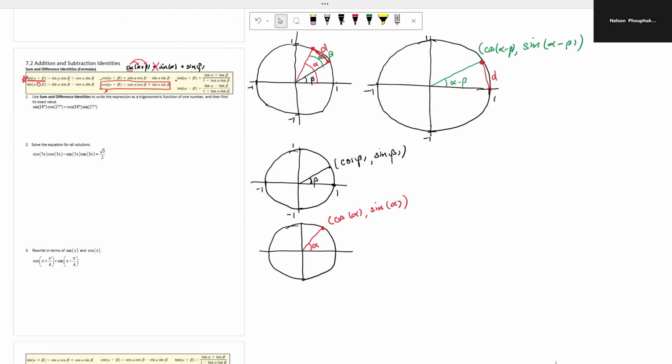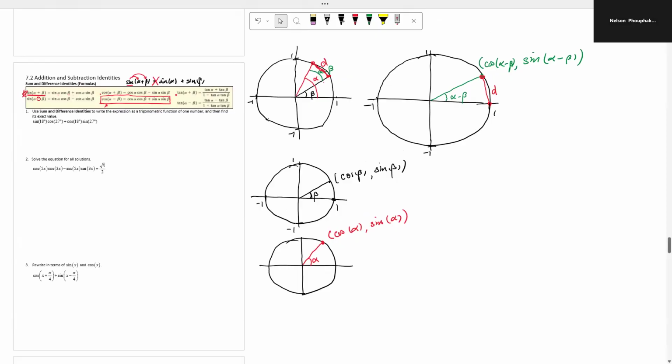Because of this idea, I can use the distance formula. Remember, the distance formula is: if I want to find the distance between two points, x1, y1 and x2, y2, then the distance will be the square root of x sub 2 minus x sub 1 to the square plus y sub 2 minus y sub 1 to the square.